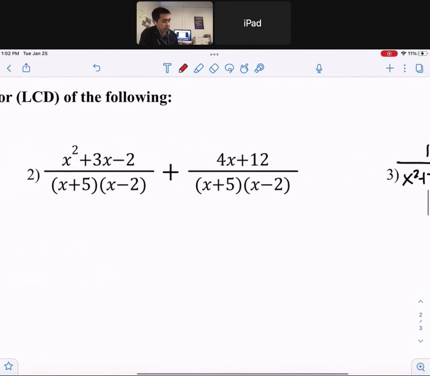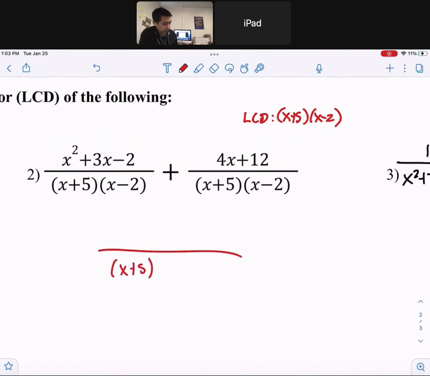Now number 2 should be okay because they already have the same common denominator of x plus 5 and x minus 2. So since they're the same, we could just add the tops together. x squared, 3x plus 4x, 7x, negative 2 plus 12, plus 10.